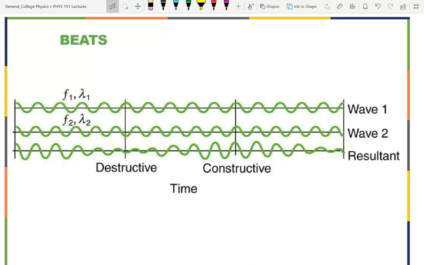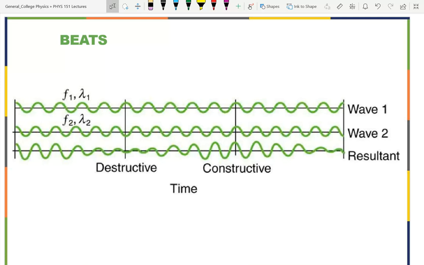Destructive. What's the motion of a wave if you have destructive interference? Zero. So the sound you hear is nothing. But if they're like this, then what kind of interference do you have? Constructive, and what does that wave look like? It's increased, so that's going to be louder.